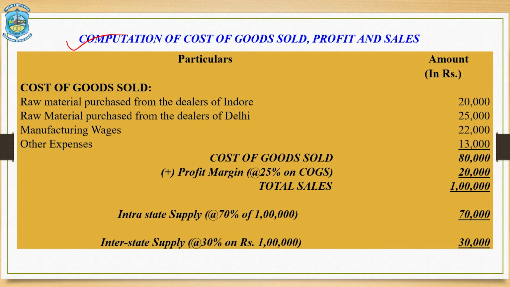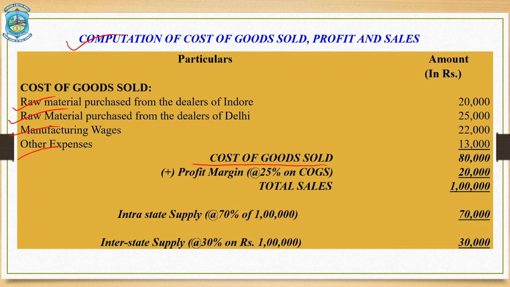First, we have raw material purchased from the dealer of Indore, it is intra-state input. Next, we have raw material we purchased from Delhi, it is interstate input. Next, we have manufacturing expenses and other expenses. Total cost we are paying is rupees 80,000.